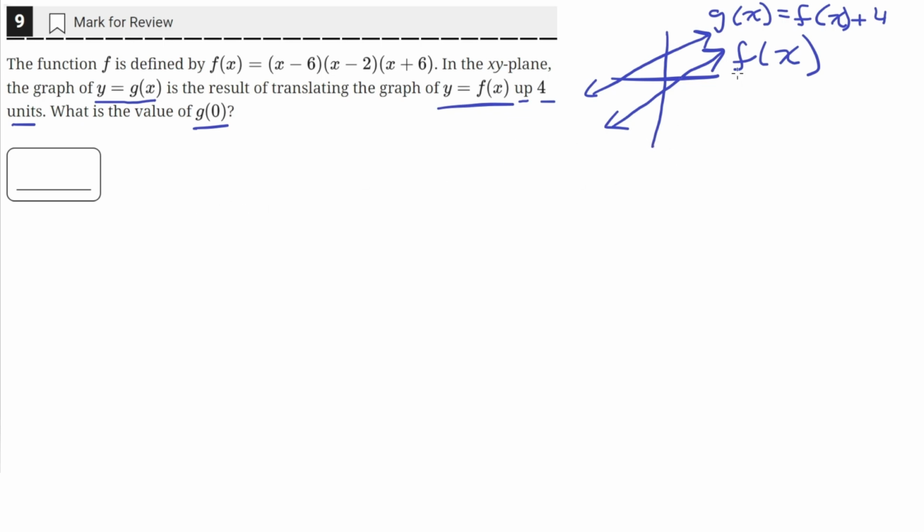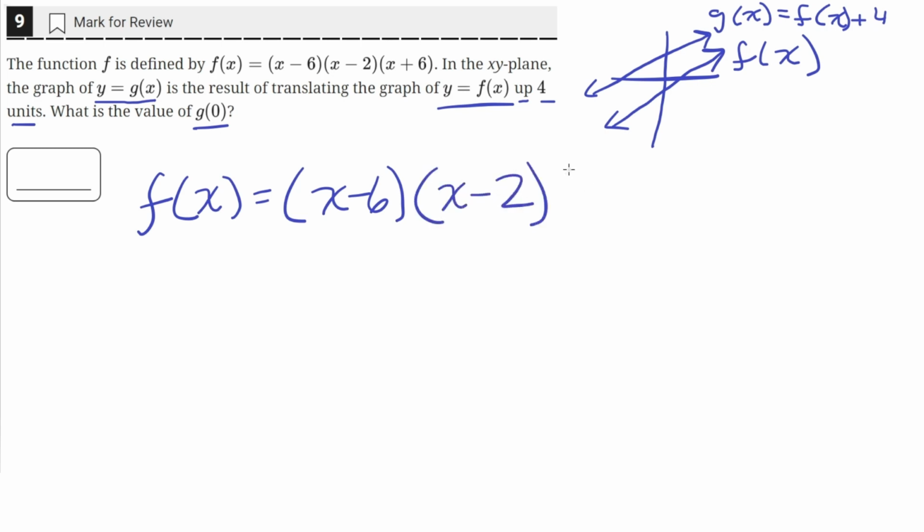So we can apply that same logic to this f of x. So f of x is equal to x minus 6, x minus 2 times x plus 6. So then g of x is just equal to f of x plus 4.